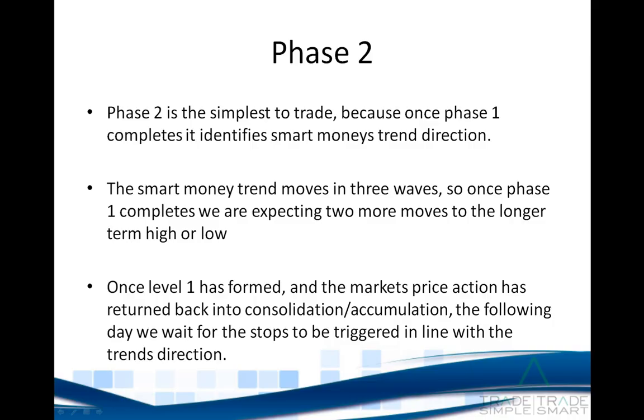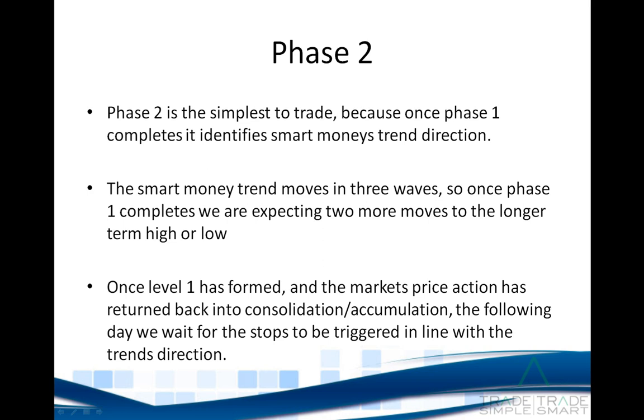So once we've identified phase 1 coming out of level 3 accumulation, we're going to be expecting the second phase or the second leg of the weekly cycle to be in the same direction. Now in terms of phase 2 is the simplest to trade, and this is simply because once phase 1 completes, it identifies smart money's trend direction.